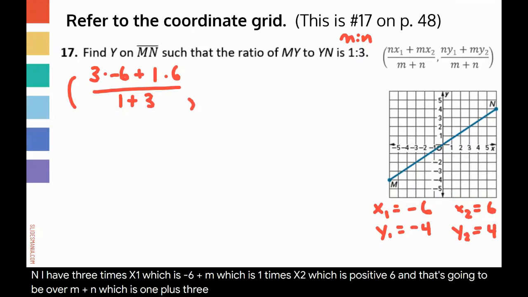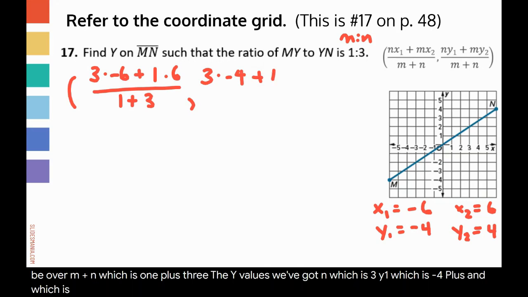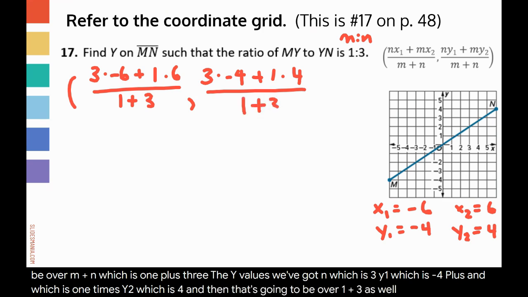And then for the y values, we've got n, which is 3, times y1, which is negative 4, plus m, which is 1, times y2, which is 4, and then that's going to be over 1 plus 3 as well.